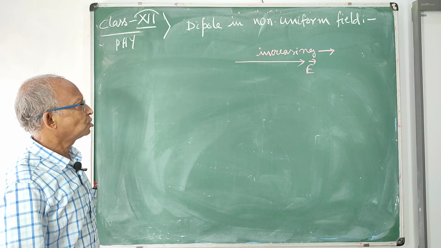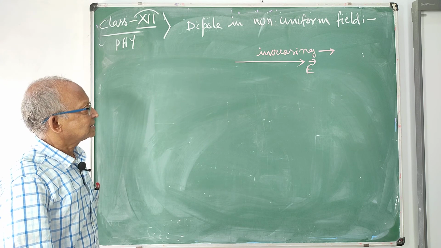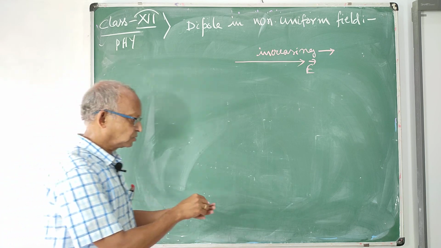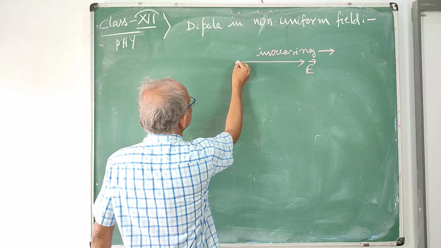So we see that non-uniform electric field where the electric field is increasing rightwards. Now let us consider a dipole.